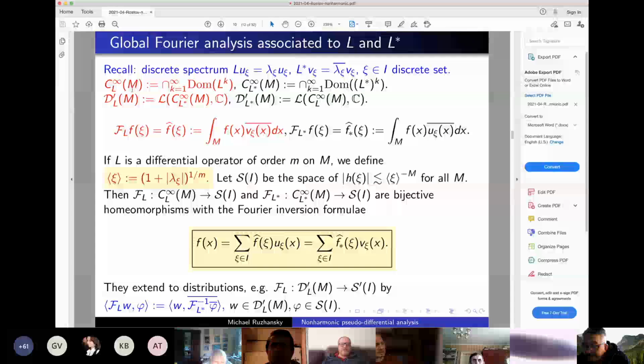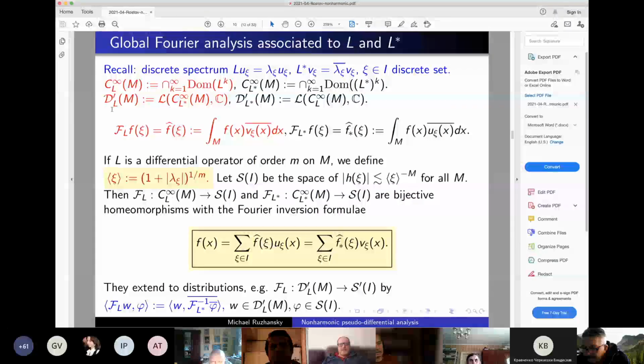We can define test functions, C^∞_L, as intersections of domains of operator L to all powers. And because L is not self-adjoint, we have two versions of Fourier analysis, and there will be some interesting interplay between them. So C^∞_L is the intersection of domains of powers of L, and C^∞_L* is the intersection of domains of powers of L*.